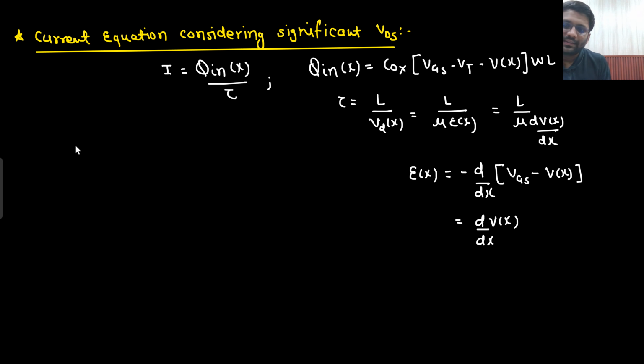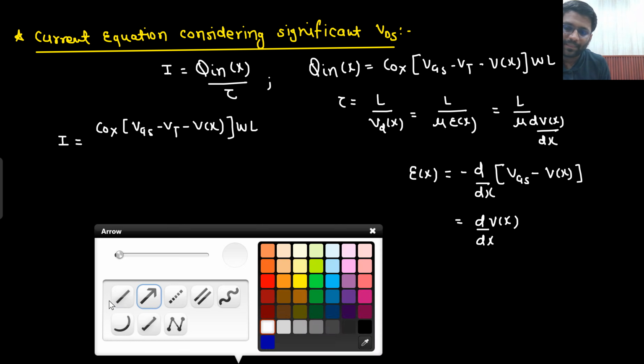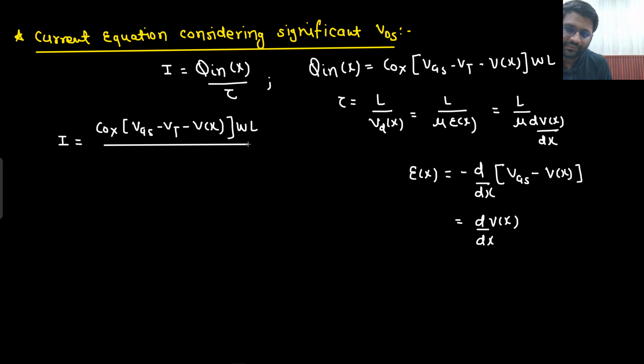So what I will see is that the current I is the inversion charge, Cox (VGS minus VT minus Vx) W into L divided by L, and then this particular part would go upward. We are talking everything about mu n. I hope this step is not very confusing. Just remember that the electric field is nothing but dVx/dx.